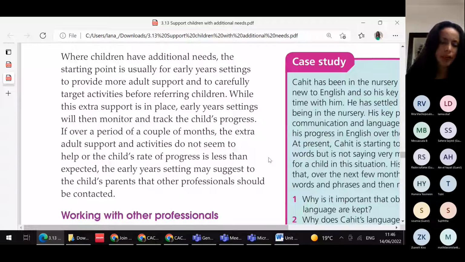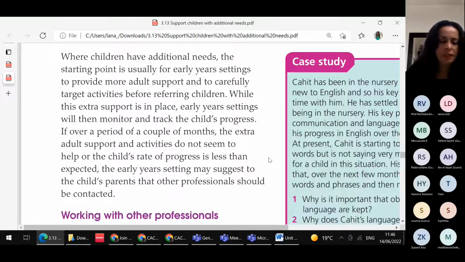So after maybe a couple of months, definitely you need to ask professionals to be involved in the child's progress. You need maybe an extra adult to support the child's activities, because your help is not working.